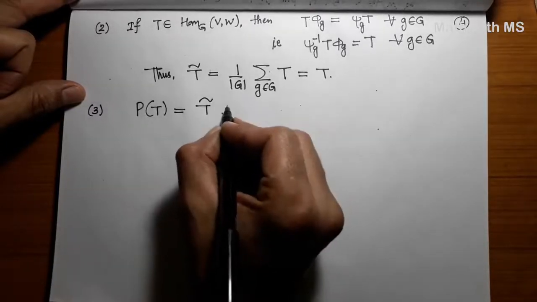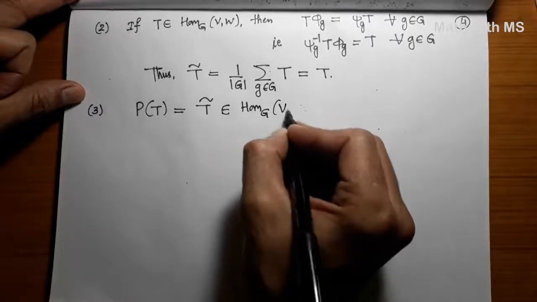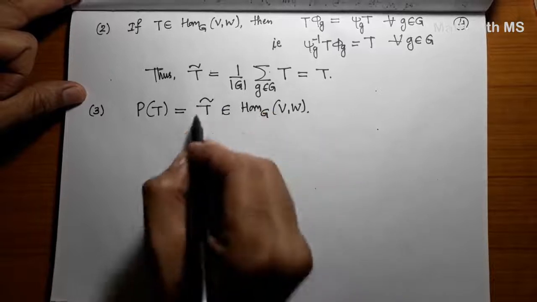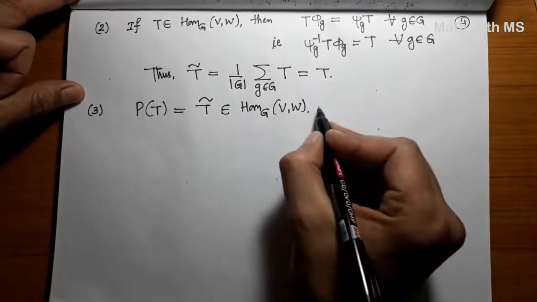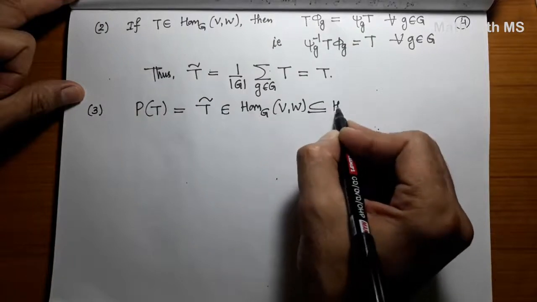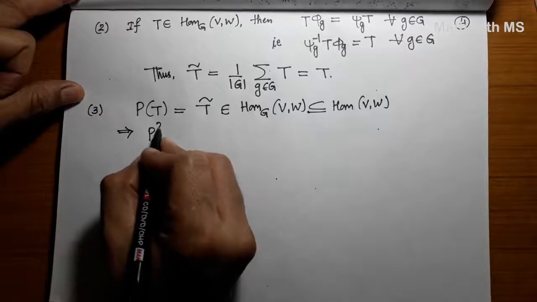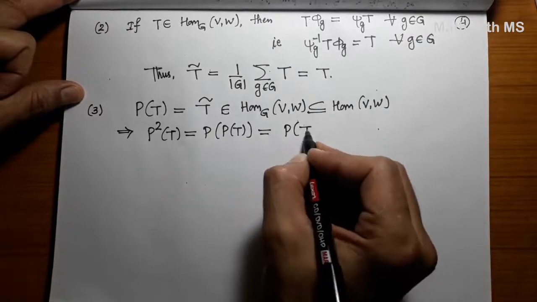Okay, but T tilde actually lands inside Hom_G(V,W), and if something is in Hom_G(V,W), if you apply the operator P on that, it is identity, right? Which you are thinking inside Hom(V,W), which implies that P square of T is the same as P of T tilde.